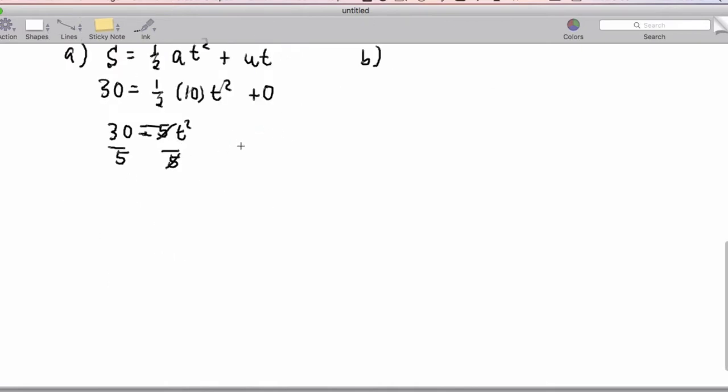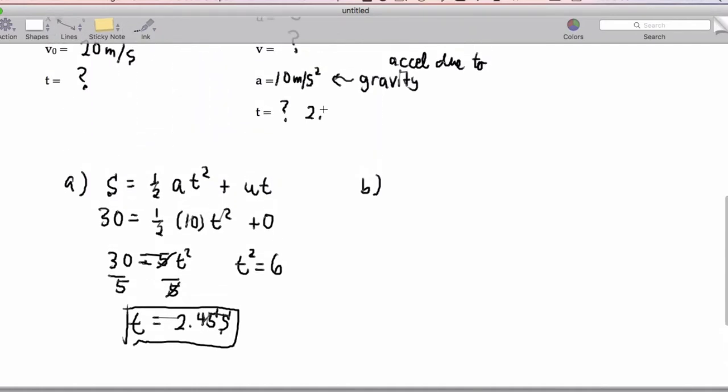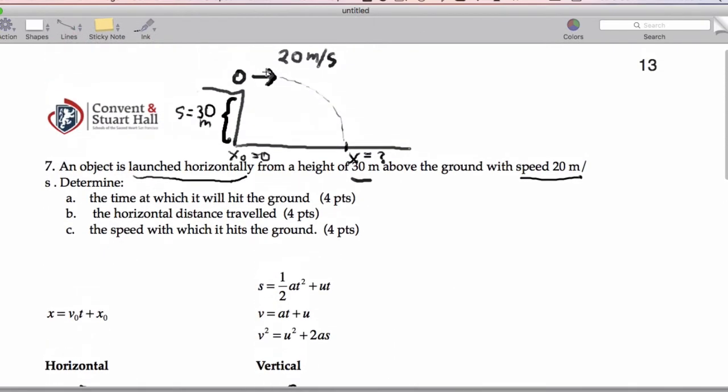And we'll get that time squared is 6 seconds squared. And so that's going to give us a time of 2.45 seconds when we take the square root of both sides. So that's the time. And to be clear, we're launching from here and hitting the ground, so we calculated a time for that.